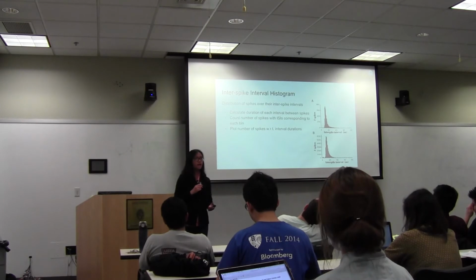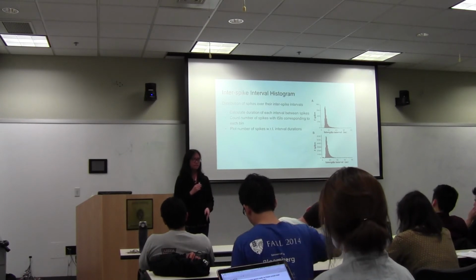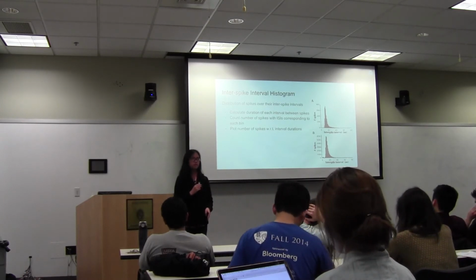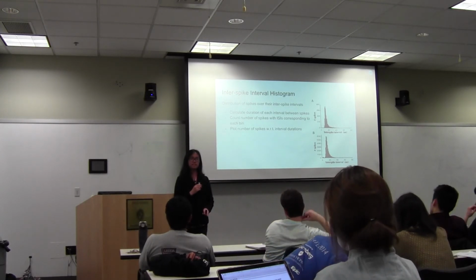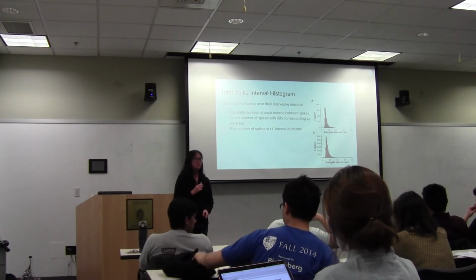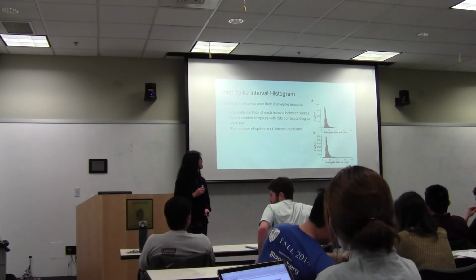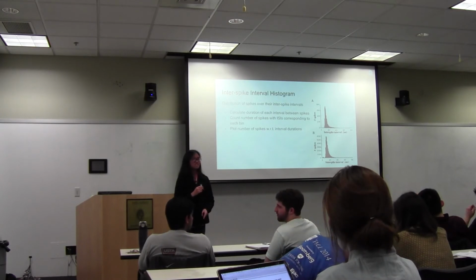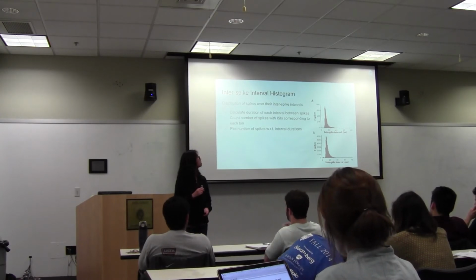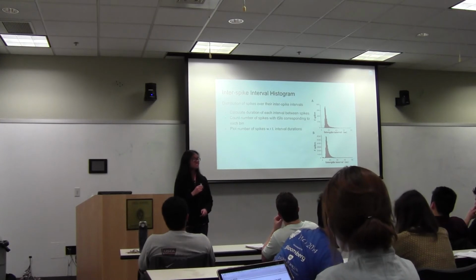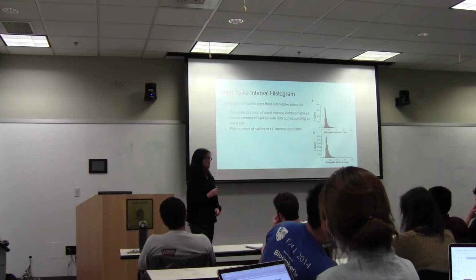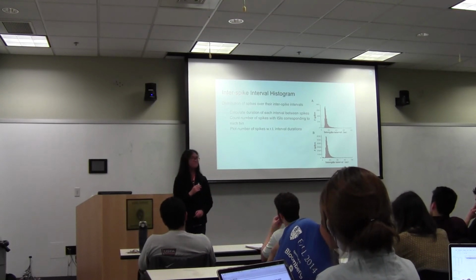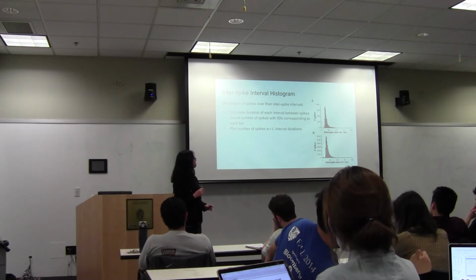Yeah, so if you have a spike at 10 and a spike at... Because where I'm a little bit confused is the y label is number of spikes and the x label is the interval. Right.